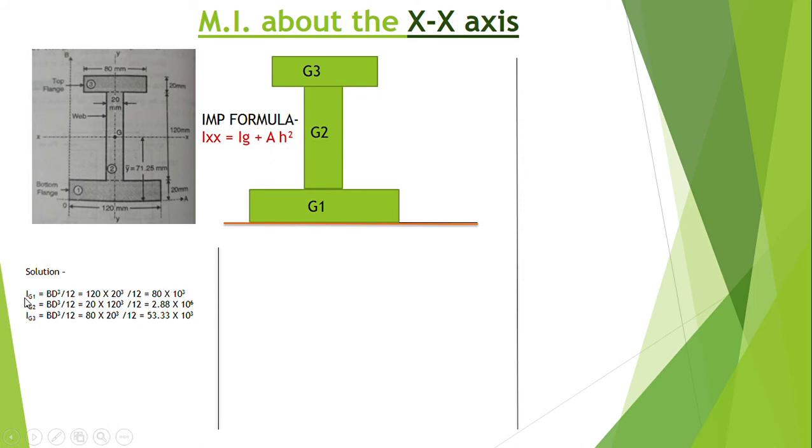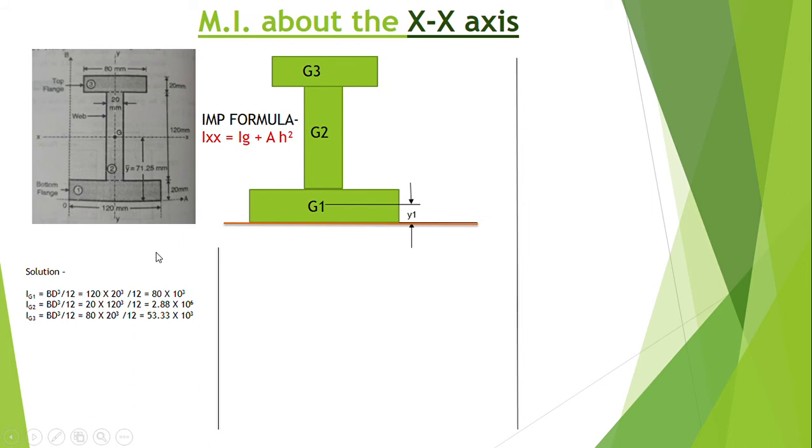First of all, the moment of inertia about the CG, the basic formula is BD cube by 12. So we will first calculate IG1, meaning the moment of inertia about the CG for a particular section, in this way. So we get IG1, IG2 and IG3 for each and every section.